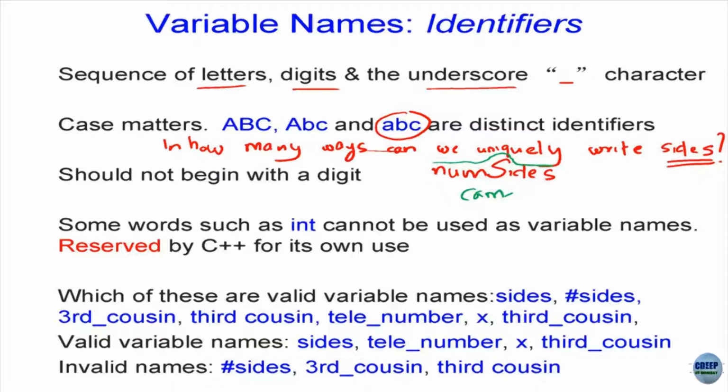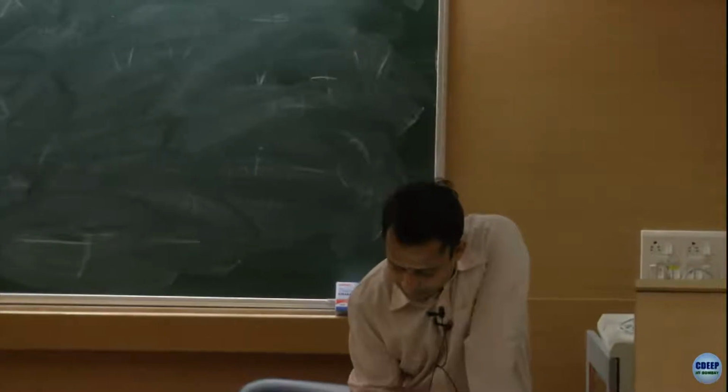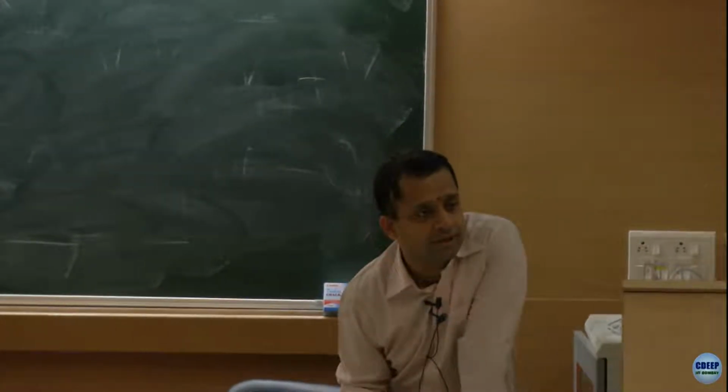An exercise for you: tell me which of the following are valid variable names. sides, #sides, 3rd-cousin, 3rd cousin. Okay, so sides is fine. Is #sides fine?